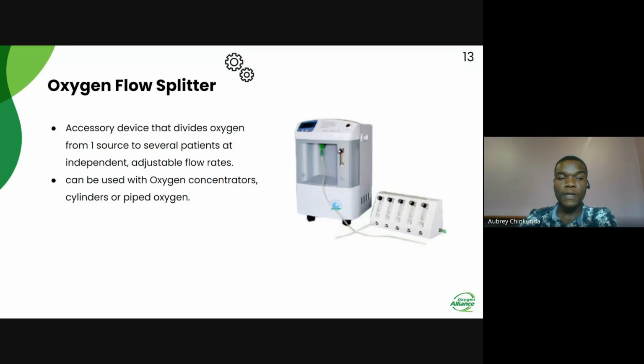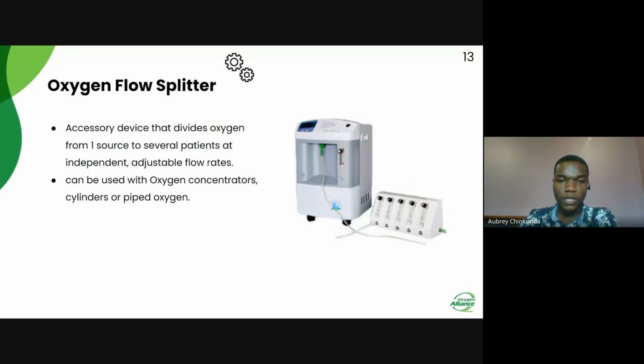So it's always advised to double check the concentration of the oxygen that's coming out from the oxygen source. And it is also recommended that the source of oxygen, might be the concentrator or the oxygen cylinder, must be adjusted to provide a flow at least 1 liter per minute more than the total requirement from all the ports that are in use.